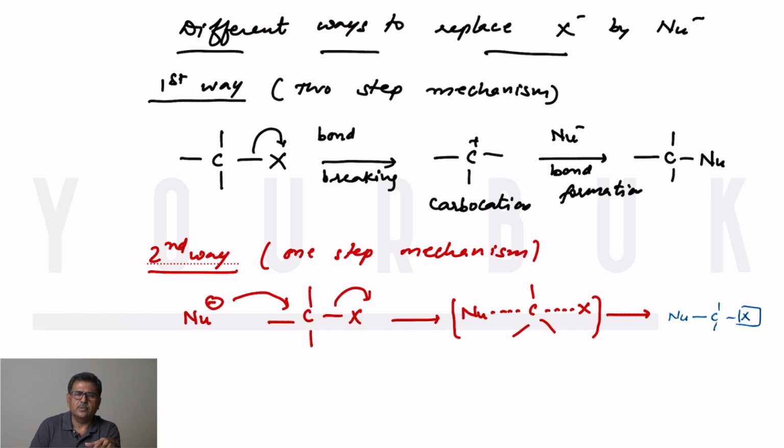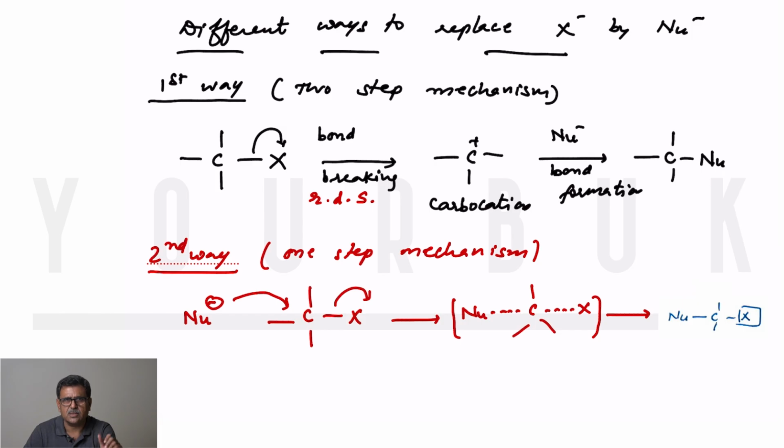Now the question comes, how do you decide which way my haloalkane will follow, a two-step mechanism or a one-step mechanism? It depends on the structure of the parent alkane. In the two-step mechanism, the formation of the carbocation is the rate determining step. It means the rate of reaction depends on how stable the carbocation is, how easily it is formed, how easily you break the carbon-halogen bond.